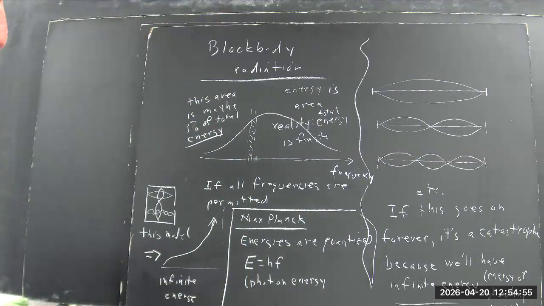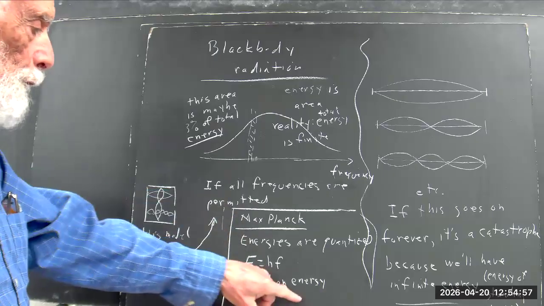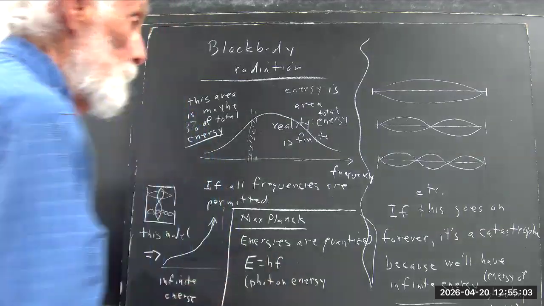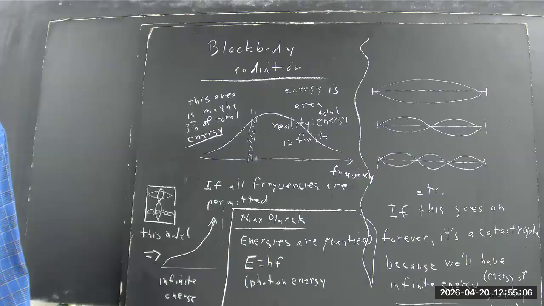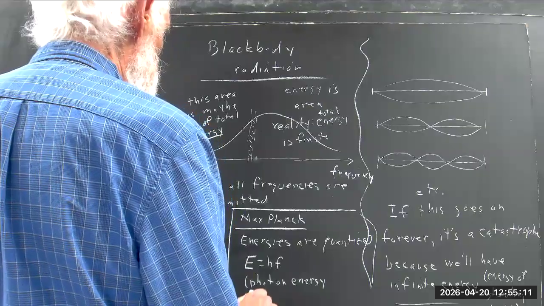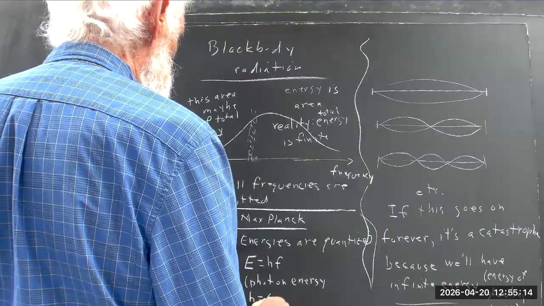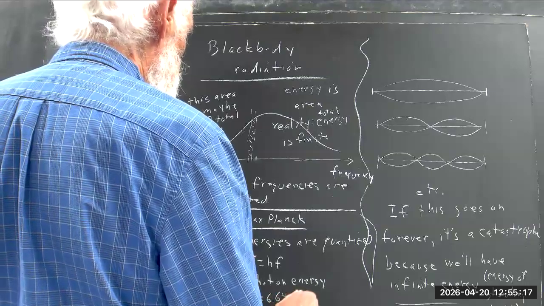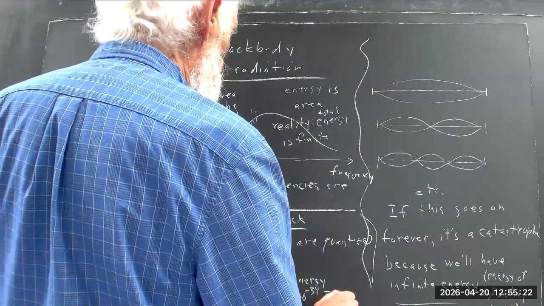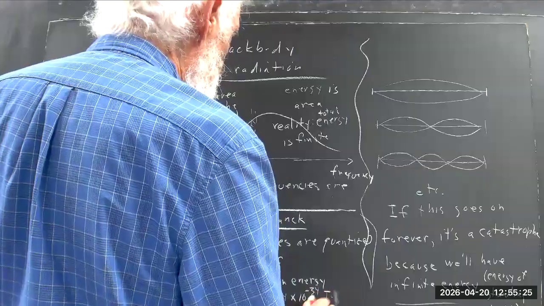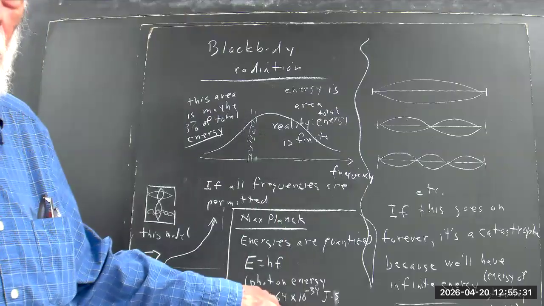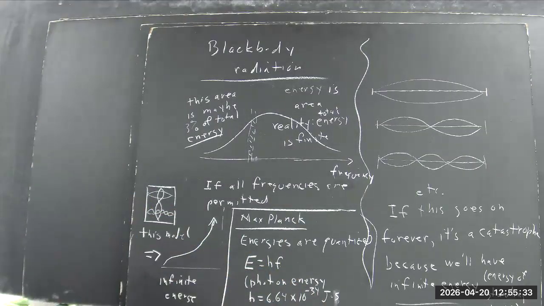E equals hf is photon energy. h is Planck's constant. f is frequency. The energy of a photon. I think I remember this correctly. The units are correct, joule seconds. And I'm pretty sure it's 6.64 times 10 to the negative 34th.